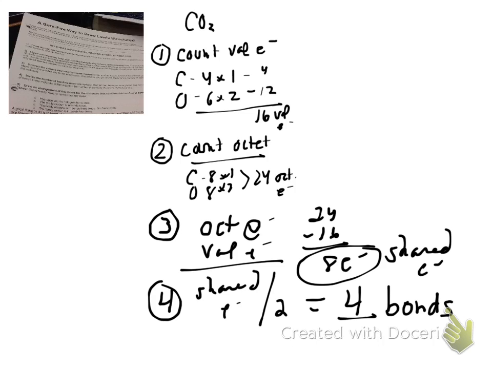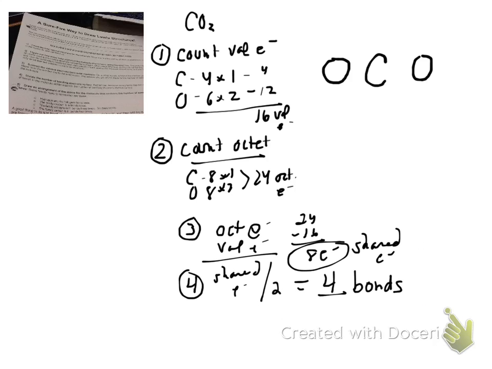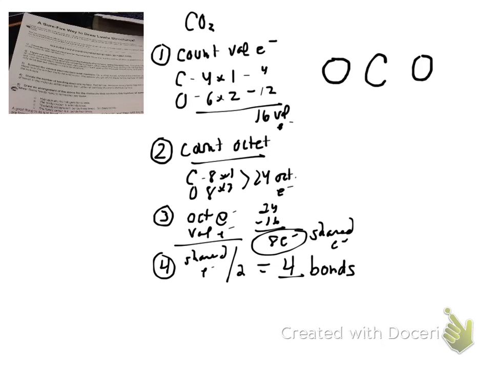We're going to have 4 bonds in this structure. So if we lay out our carbon and our oxygen, how many bonds are we going to put in there? 4. Well, we have 2 spaces to bond, so it looks like each of these is a double bond.